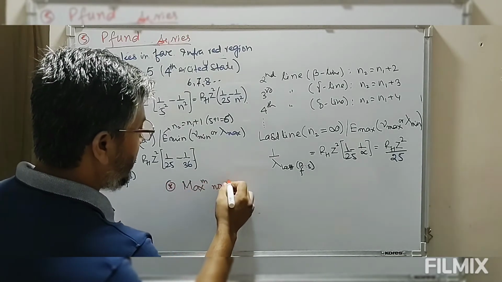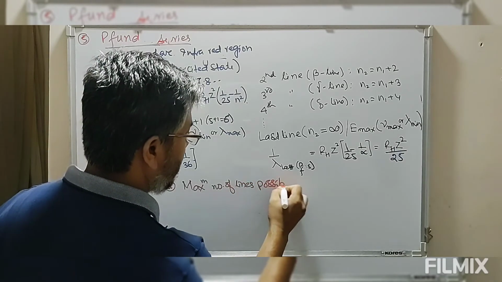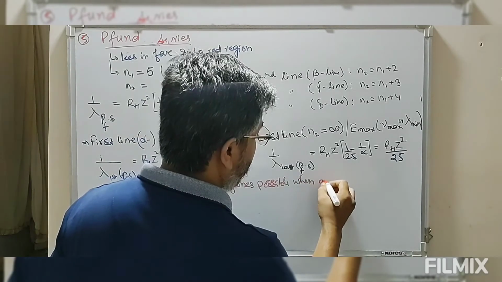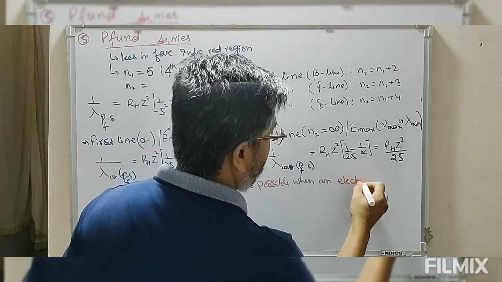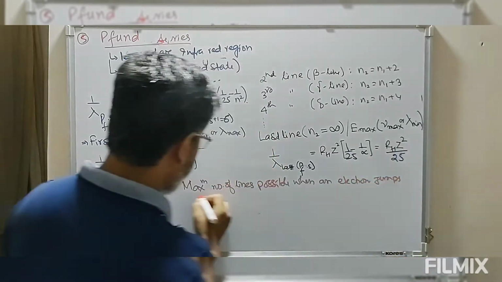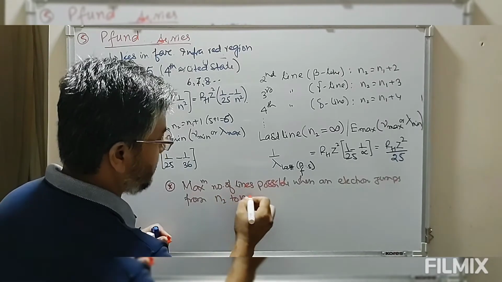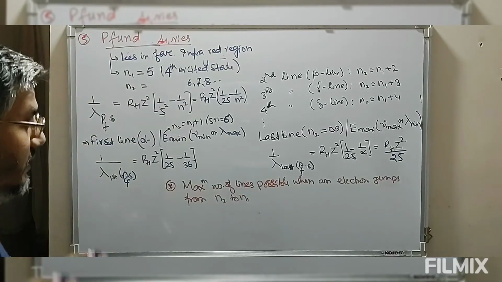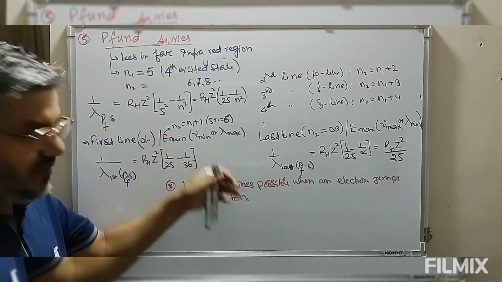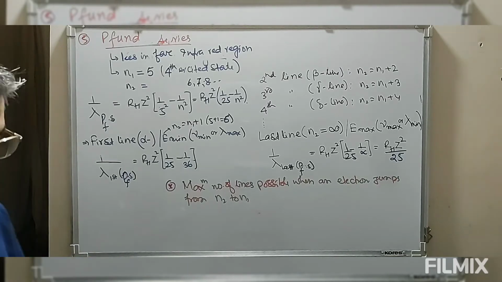Maximum number of lines possible when an electron jumps from N2 to N1, means N2 is greater than N1. When an electron is coming from any higher level to the lower level, how many maximum distinct lines will be possible, maximum lines that will be observed.